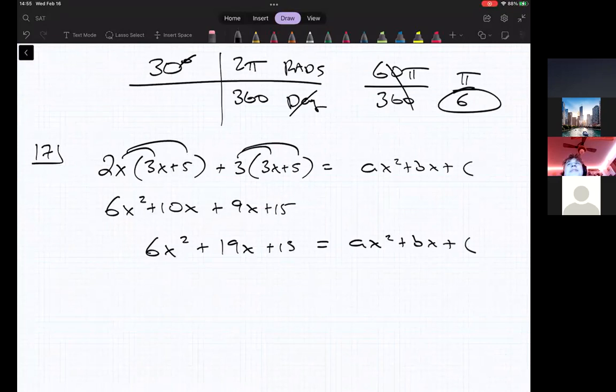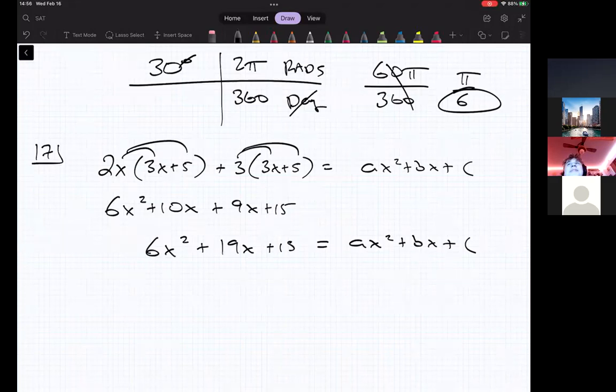And then it says, what is the value of b? I would have to imagine it's 19. But I don't know if I'm missing something.